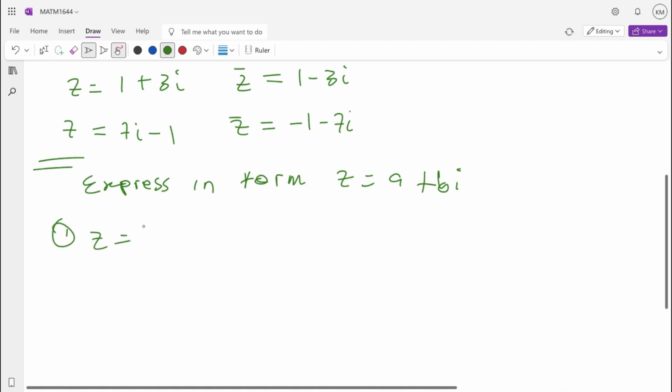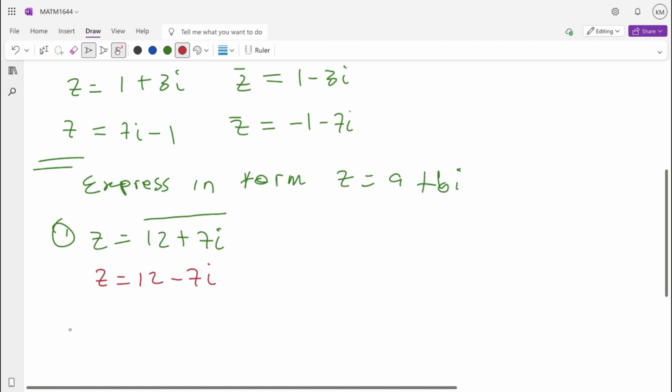Say you are given Z equals the conjugate of the complex number 12 plus 7i. We change the sign of b, which was positive; now on the conjugate, it has to be 12 minus 7i. So that is Z.